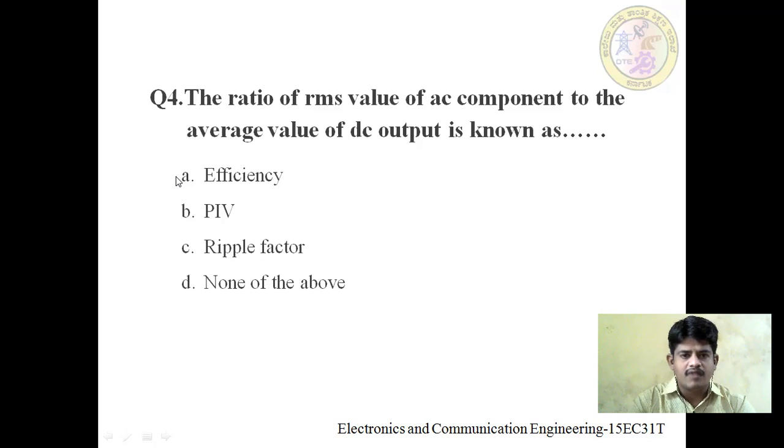The ratio of RMS value of AC component to the average value of DC output is known as... The options given are efficiency, PIV, ripple factor, none of the above. So which one is the correct answer?